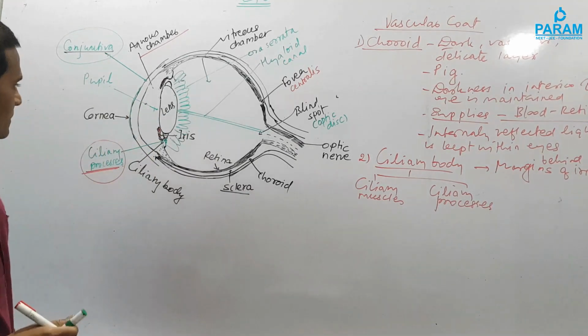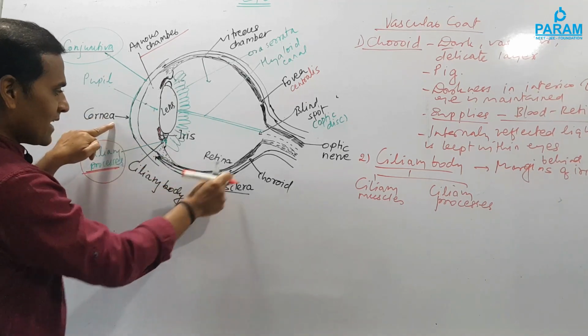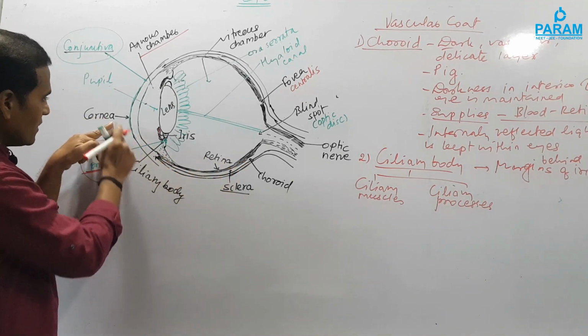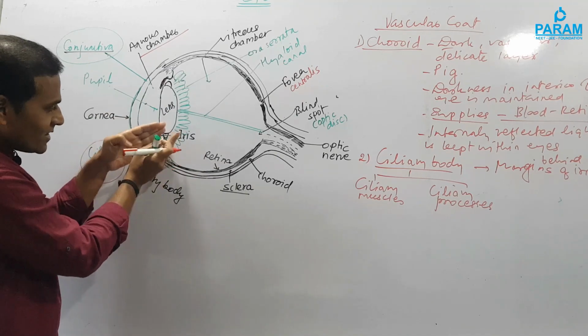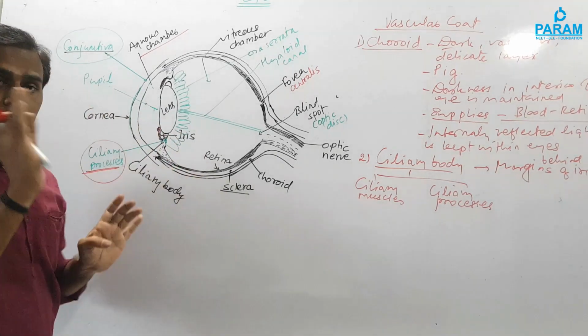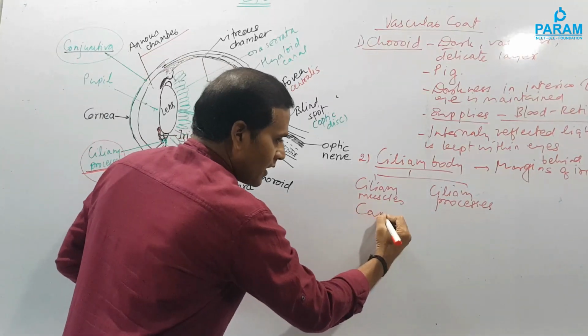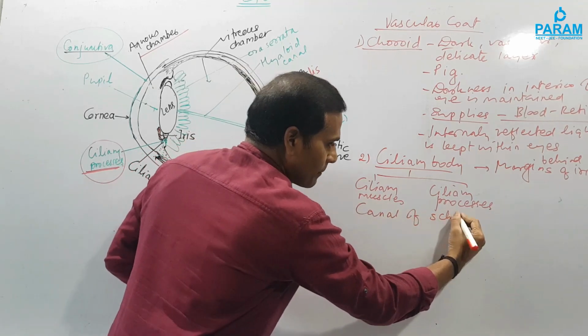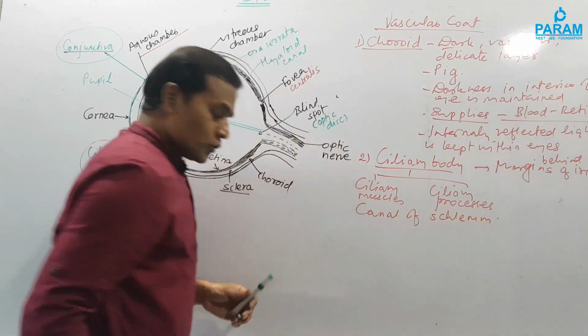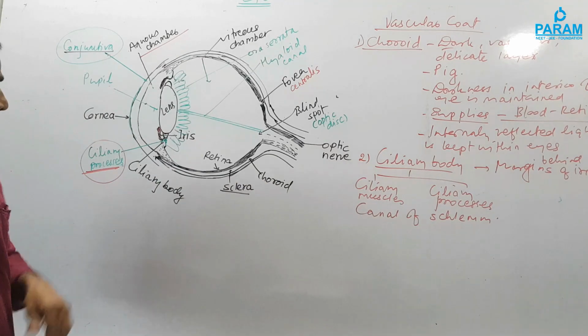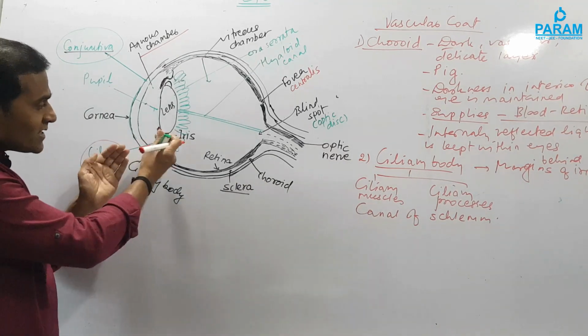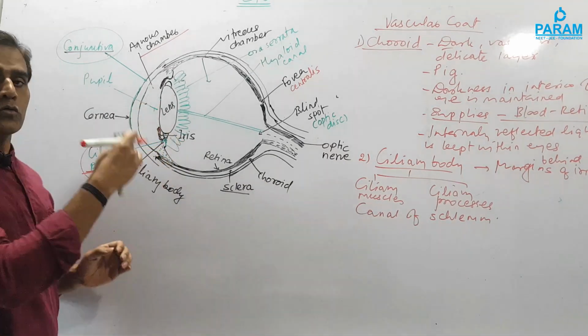Now, one more thing, sclera ends here and cornea ends here. So, at the junction of this sclera and cornea, there is a presence of the canal of Schlemm, right. So, what is the function of this canal of Schlemm? It drains out this aqueous humor into the blood.